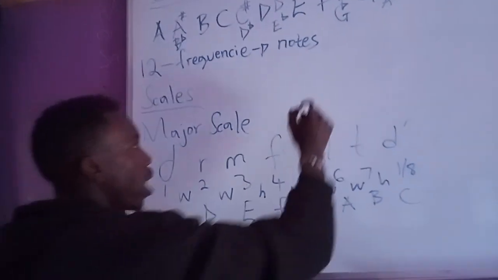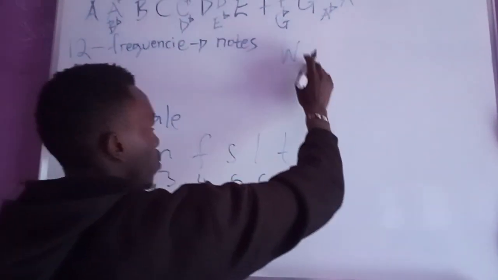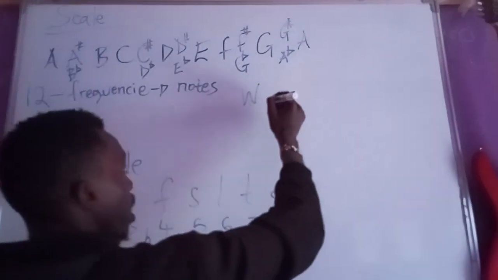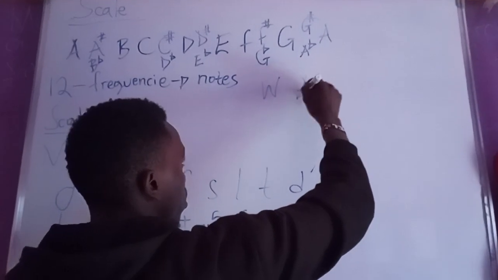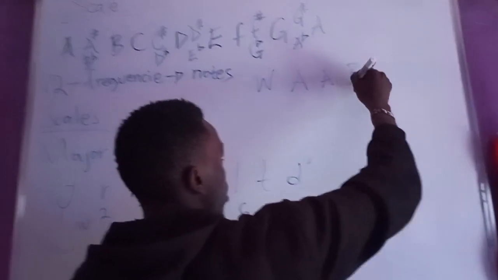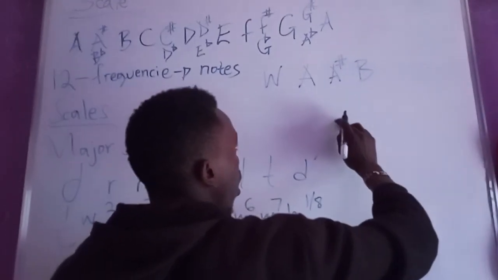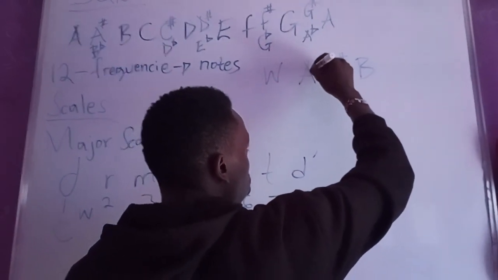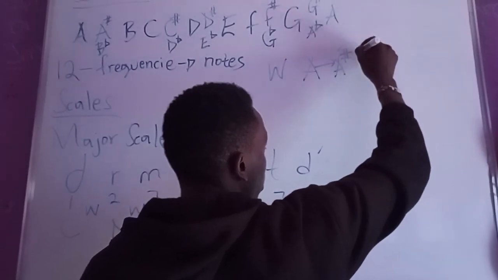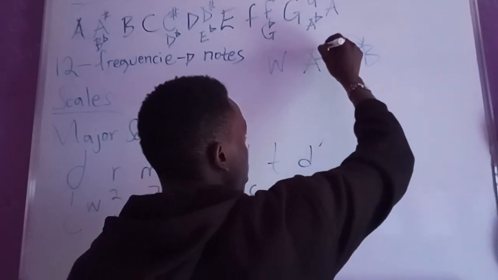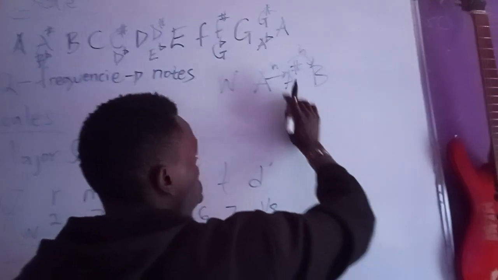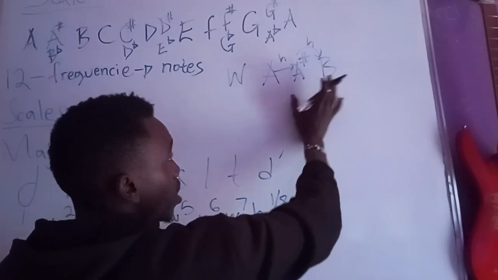So what we mean by a whole step, in simple terms, I would just explain it this way. If we have A, and then A sharp, and then B, we are going to go this as our first step, then this as our second step. So this is one half step, this is another half step. So this one now translates to a whole step.